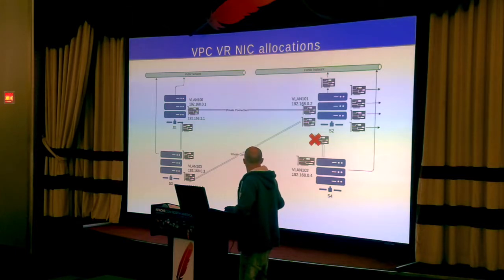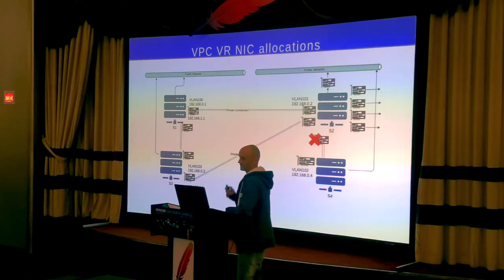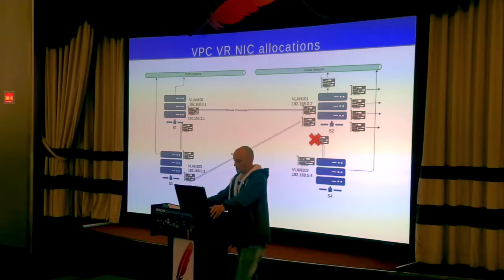You could also already have 2 peering NICs. So pretty fast you start running out of NICs. In this situation, trying to peer S4 to S2, there weren't enough NICs, and it bombed out.